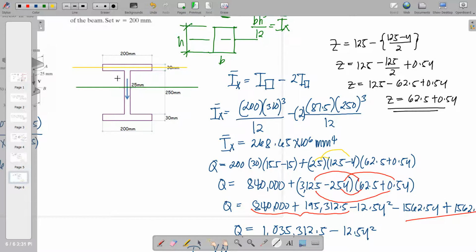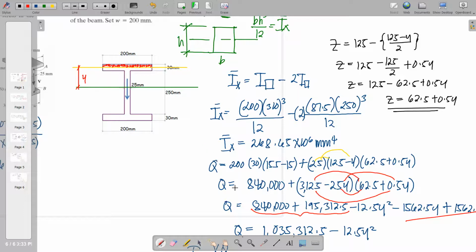Okay, so this y, this is the range of my y. Unlike before, my y is within the web. So this time I'm going to extend my y up to the flange so that the shaded portion here shall be considered for the calculation of your Q.